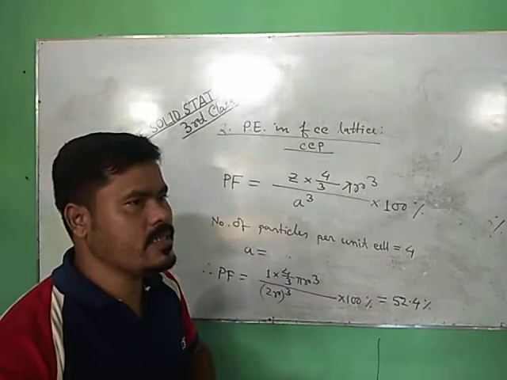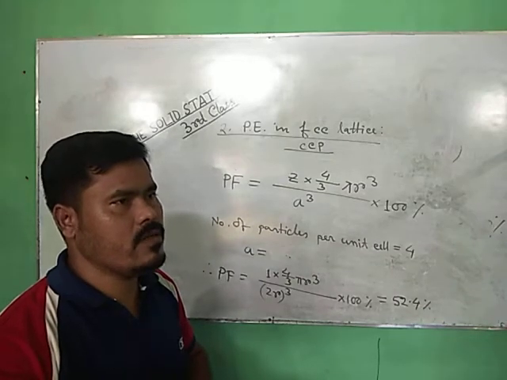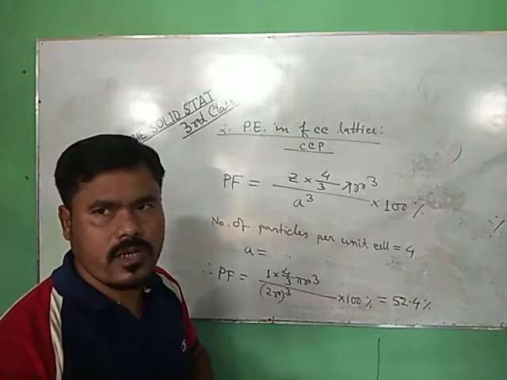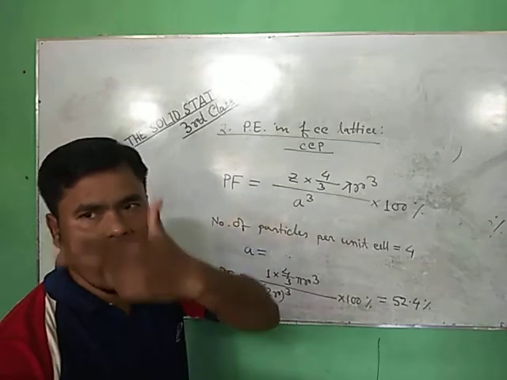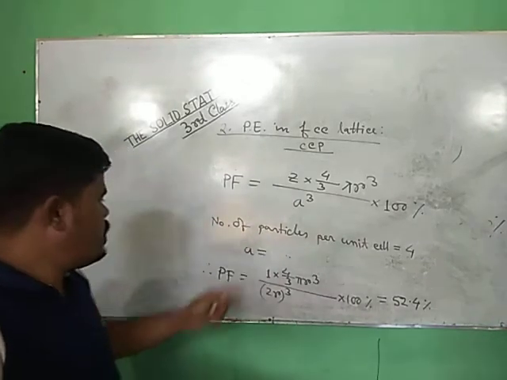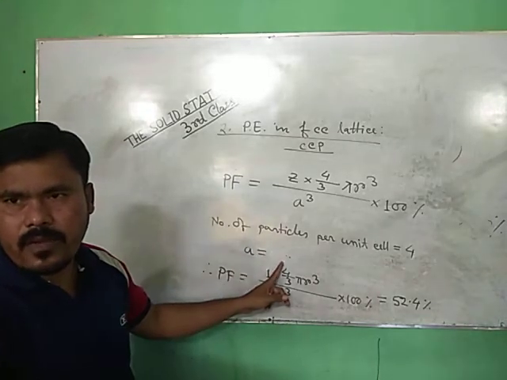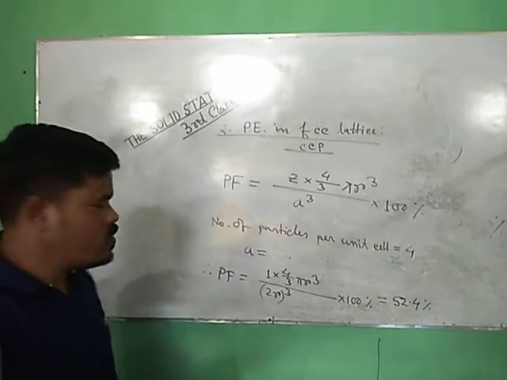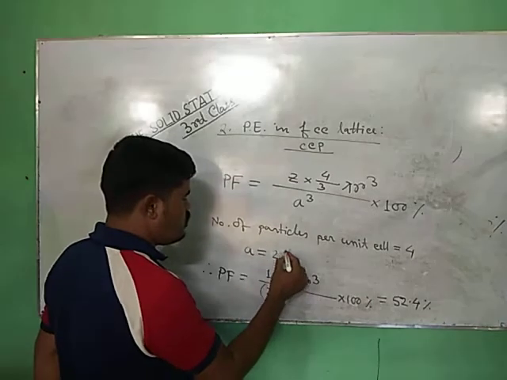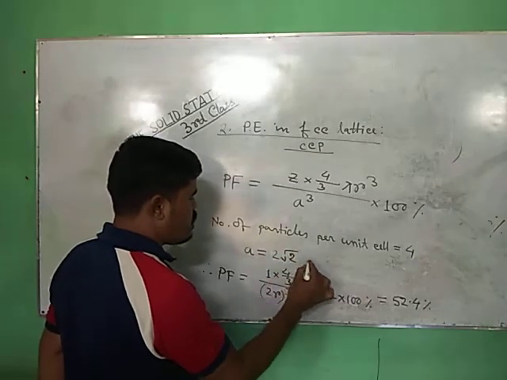And in case of BCC, that relation was a is equal to 4 by root 3 r. So I require the relation between edge length a and radius r of the spherical particle. Here it is a is equal to 2 root 2 r.